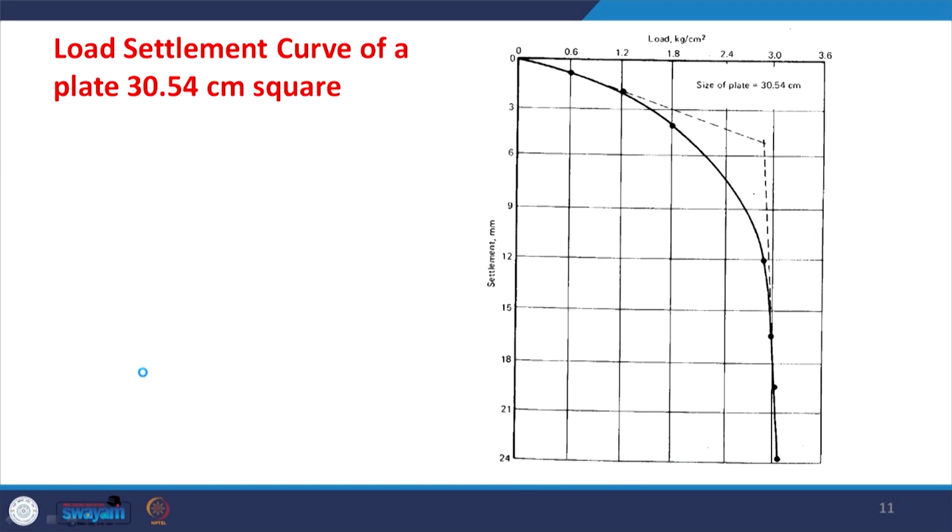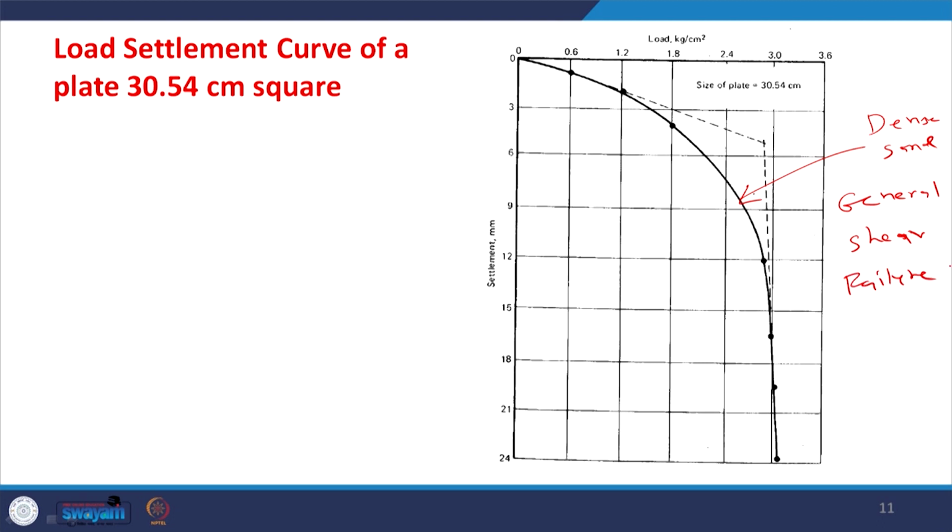The load settlement curve is from a plate load test, and if you see this load settlement curve, the shape of the curve is saying that this is for dense sand basically, and once we say dense sand, then you can consider general shear failure.